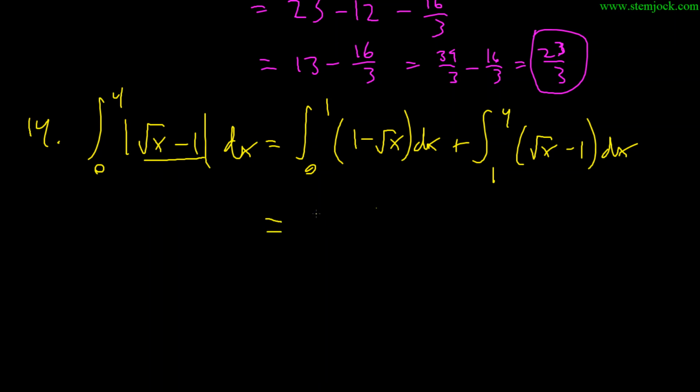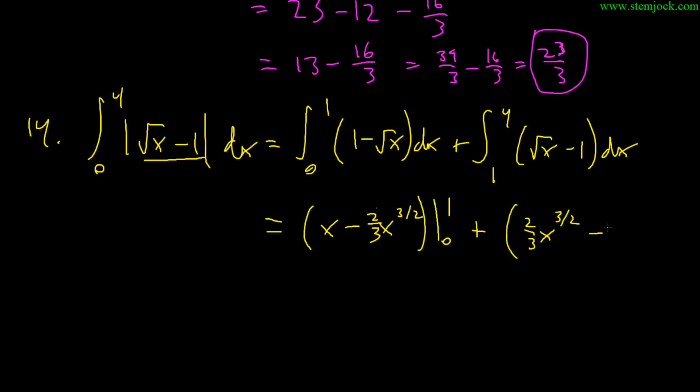So this antiderivative here is x minus x to the power of 3 halves multiplied by 2 thirds, evaluated from 0 to 1, and then plus 2/3 x to the power of 3/2 minus x, evaluated from 1 to 4. Now, if I plug in the upper limit for x here, this is going to be 1 minus 2/3.